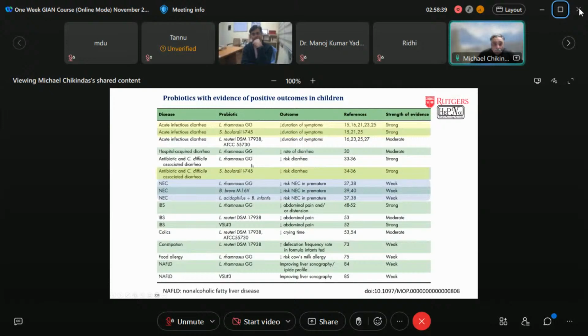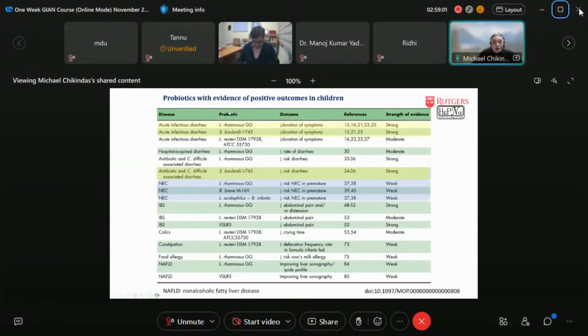And again, our beloved LGGs here, Bifidobacterium is there, both infantis and breve. We have the multimicrobial formulations, we have yeast, and we have the multimicrobial formulation of VSL3, which is again considered to be quite well studied.